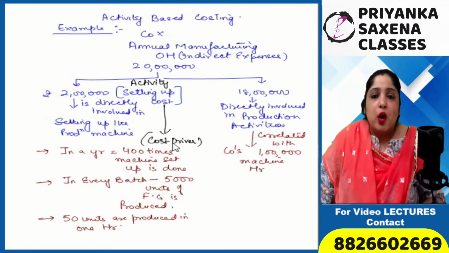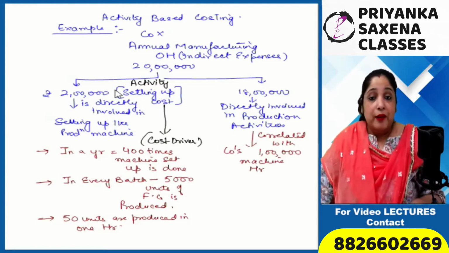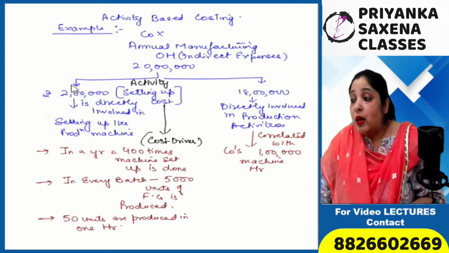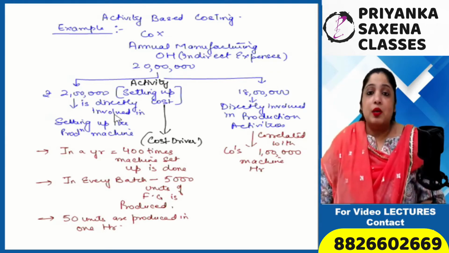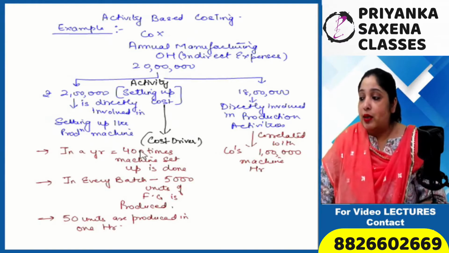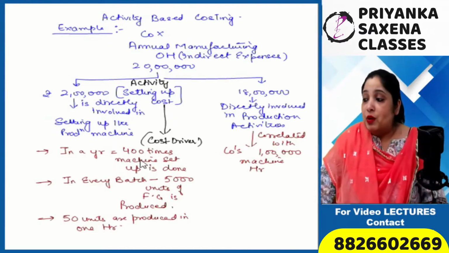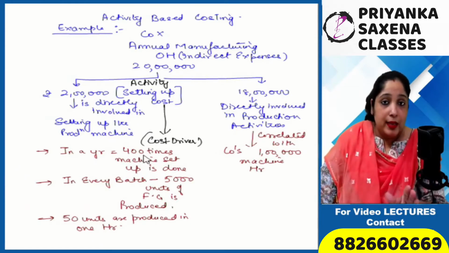So basically what is cost driver? The factor which is driving your cost, the factor which leads the increase or decrease of the cost is called cost driver. So what is the factor which is leading your cost increase or decrease? This is machine setup, number of times machine setup. Now if the number of times machine setup increases, the cost increases.